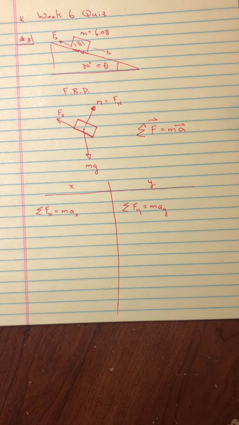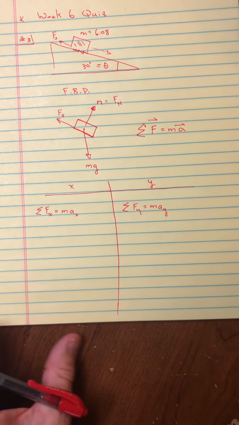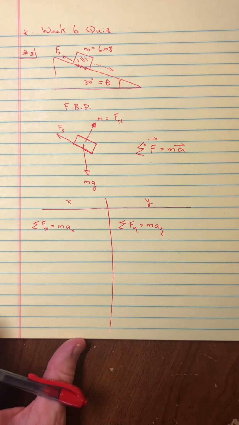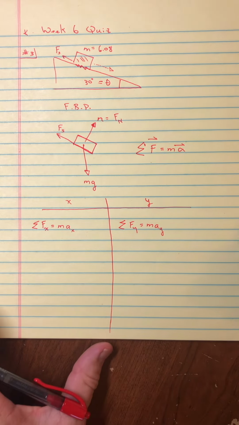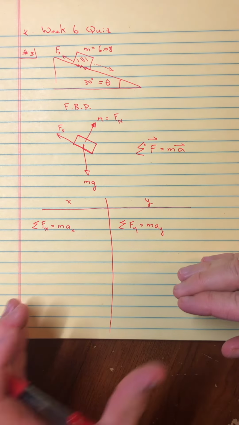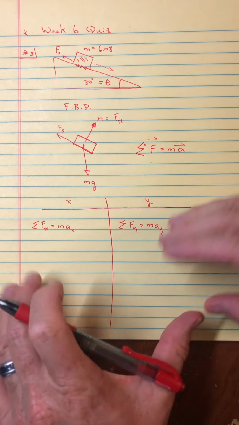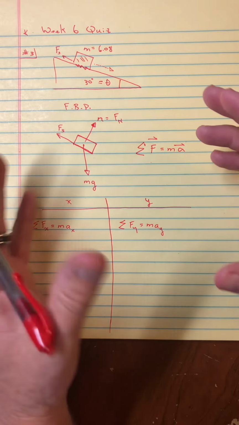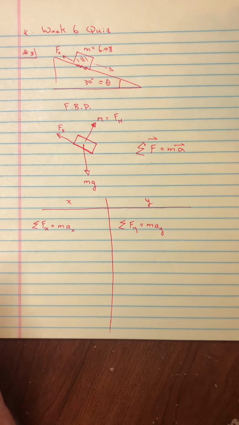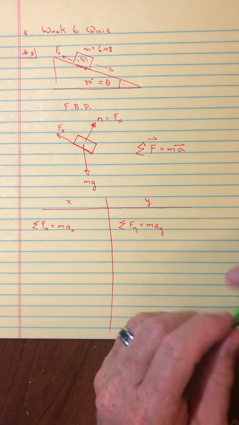Okay, and so then you start to write out the equations. Now, I will say that part of writing out the equations is deciding on a grid. What are you going to use for your X and Y axis? There really is no right or wrong, but there is a better, best, and worse one.